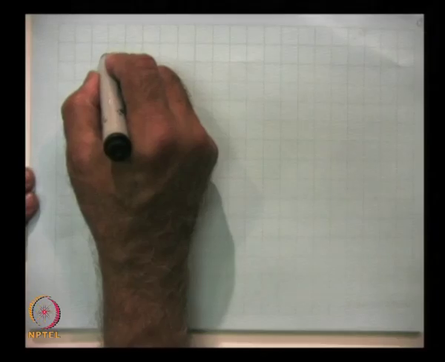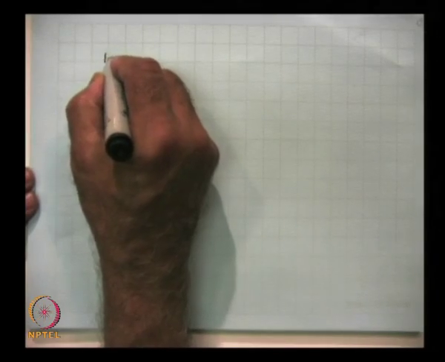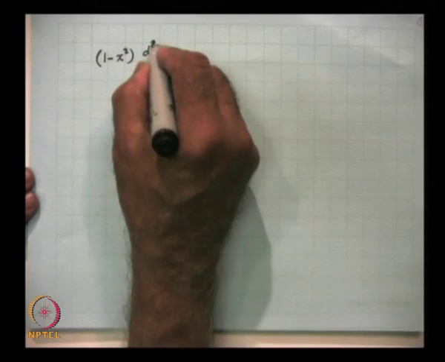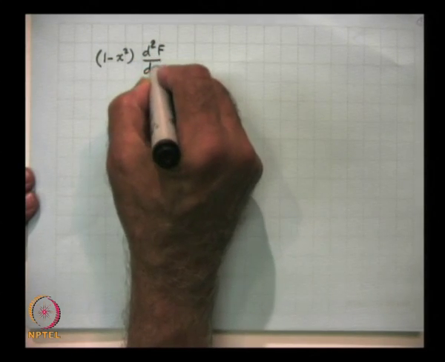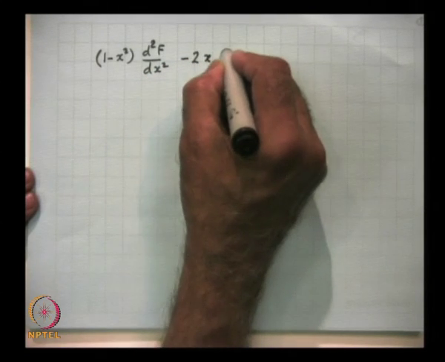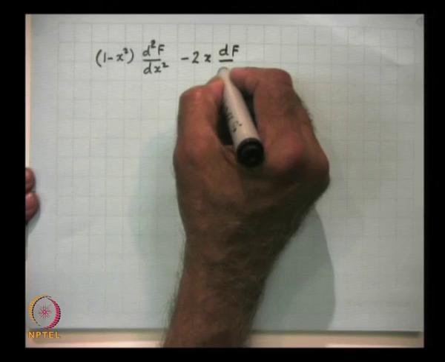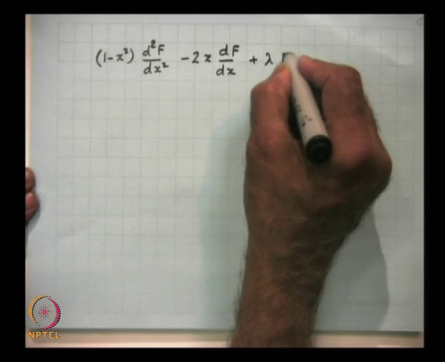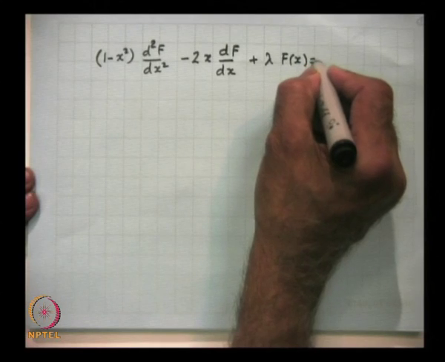We rewrite the Legendre equation. We differentiate the first term to obtain 1 minus x square d2f by dx square, and the differentiation gives minus 2x df by dx plus lambda f of x is equal to 0.